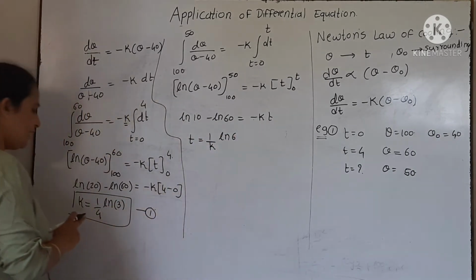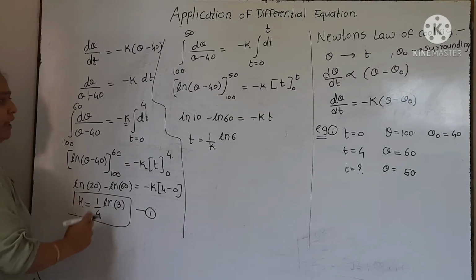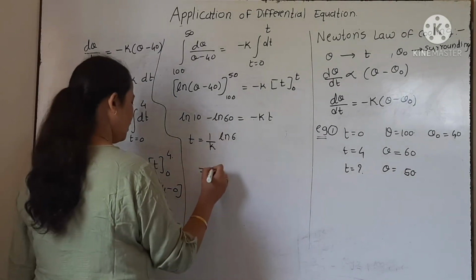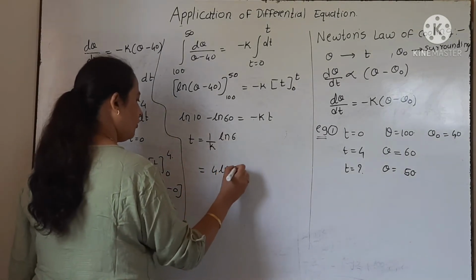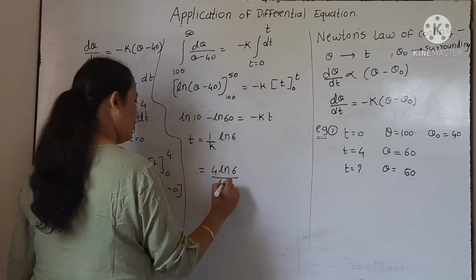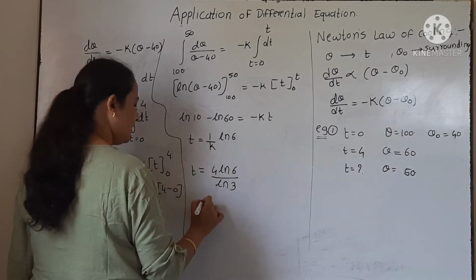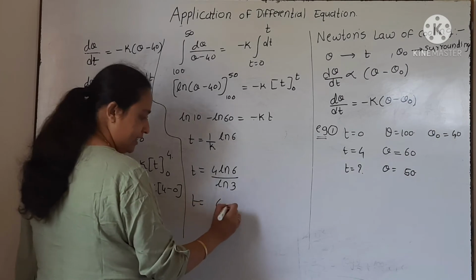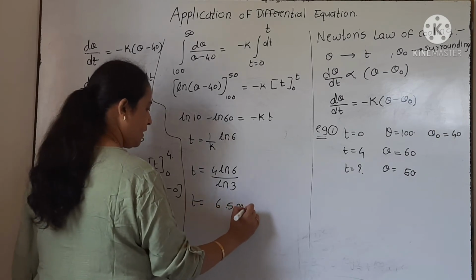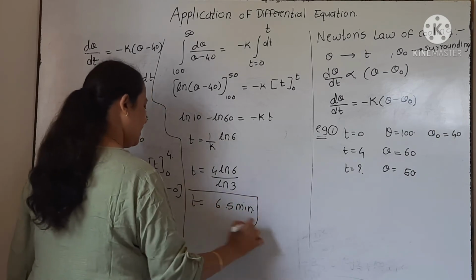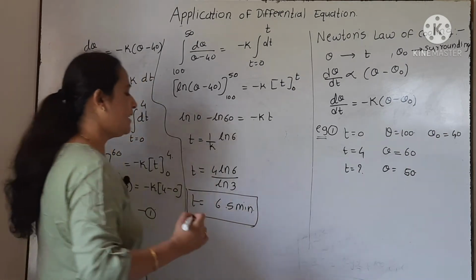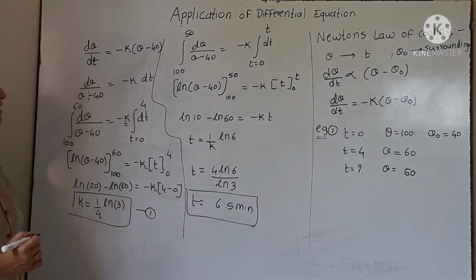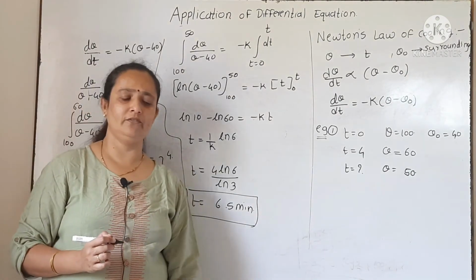And we know the value of k, that is 1 by 4 ln of 3. If I substitute the value, you will get 4 ln of 6 upon ln of 3. And if you simplify this, you will get the value of t, that is 6.5 minutes. By using your calculator, you can easily find the value of t, that is within 6.5 minutes the temperature of the body will be 50.